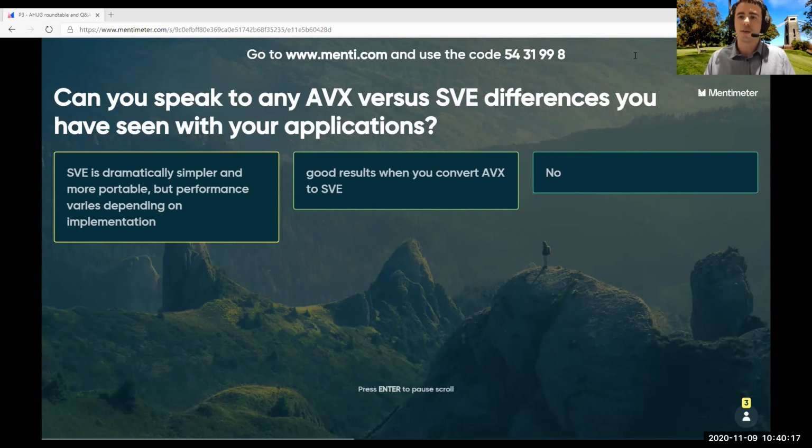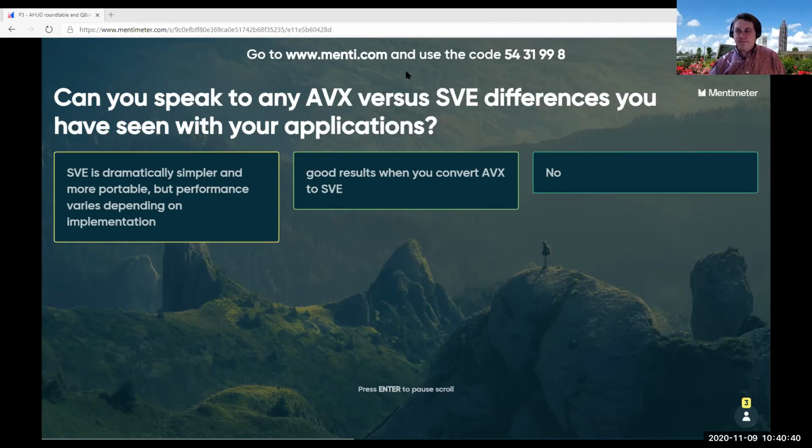Just because they generate vector code that uses SVE instructions doesn't necessarily mean that they will get as good performance as they could. So there is some room for improvement there. But I think it's a very good start that we can vectorize these loops at all, whereas we couldn't before on Neon. Mm-hmm. That's a very good point.